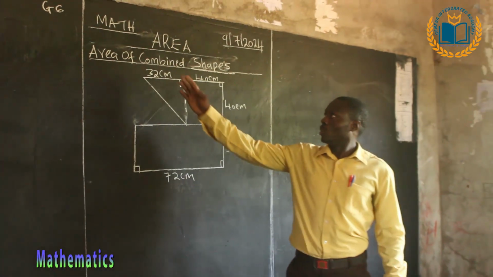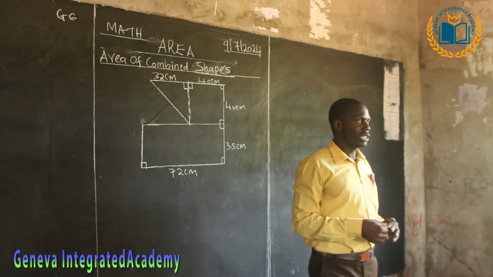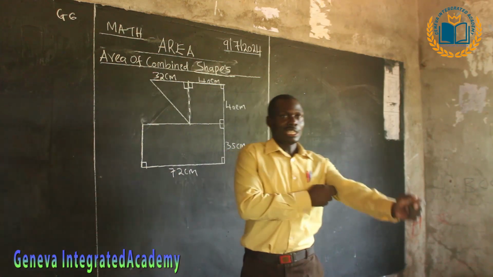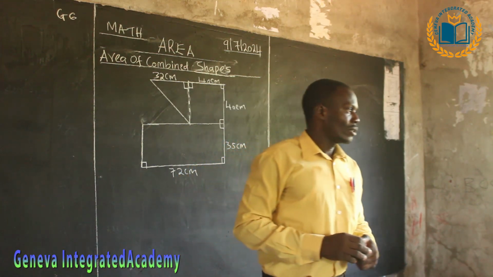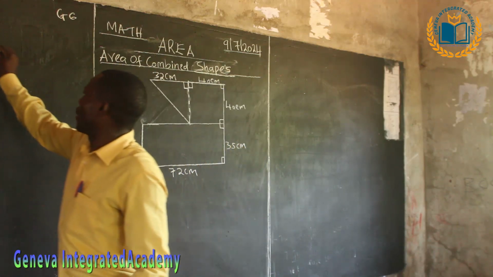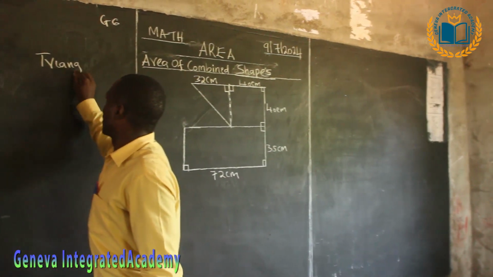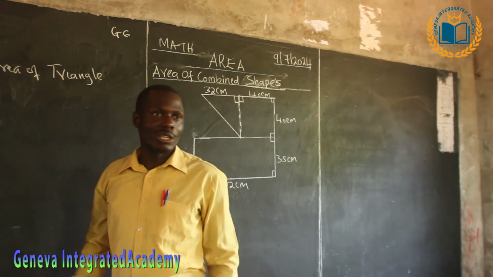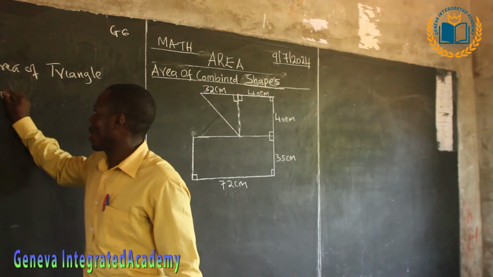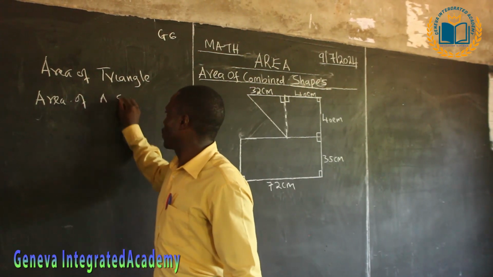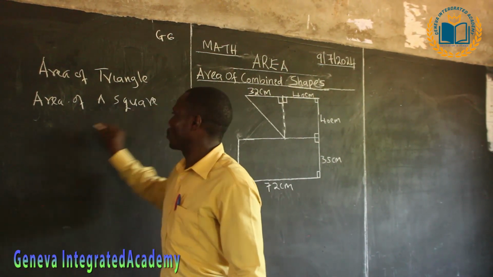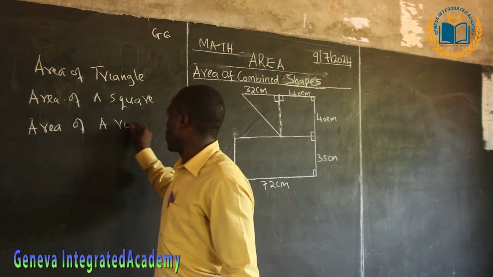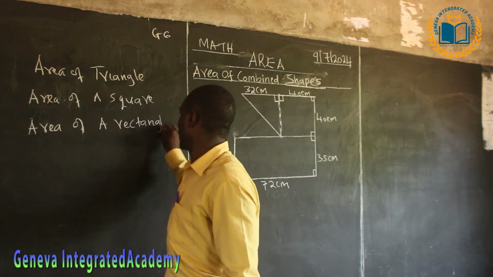We are going on with the strand that we started for the area. During our previous lesson, we talked about the area of a triangle, a square, and a rectangle.